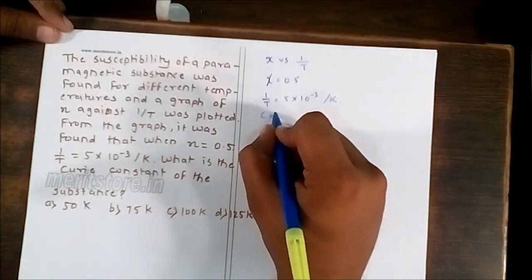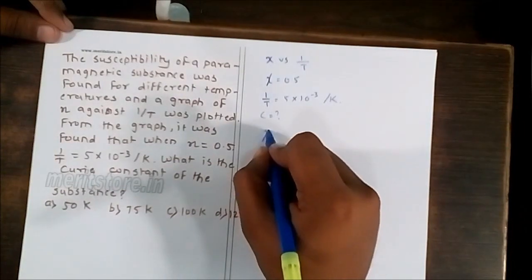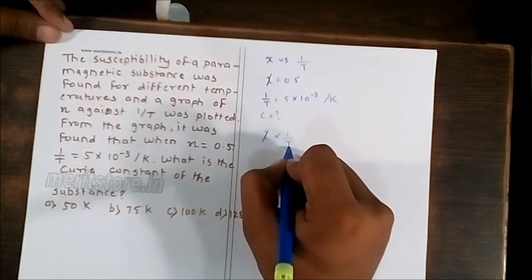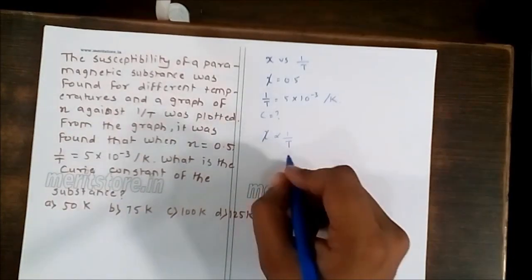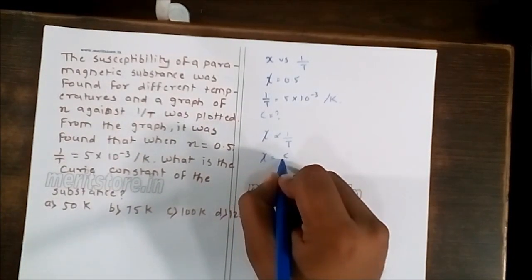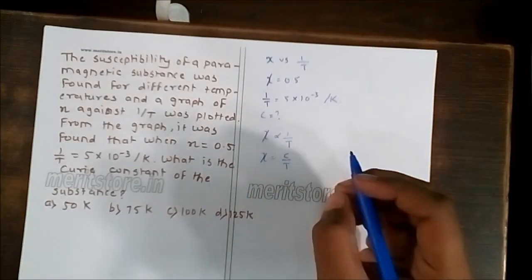What is Curie's constant? Now we all know susceptibility is inversely proportional to temperature. Therefore, susceptibility is equal to C upon T.